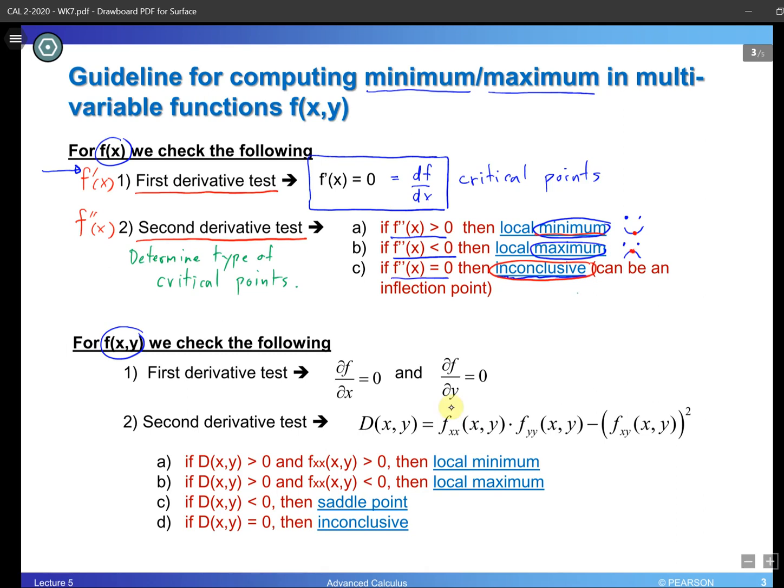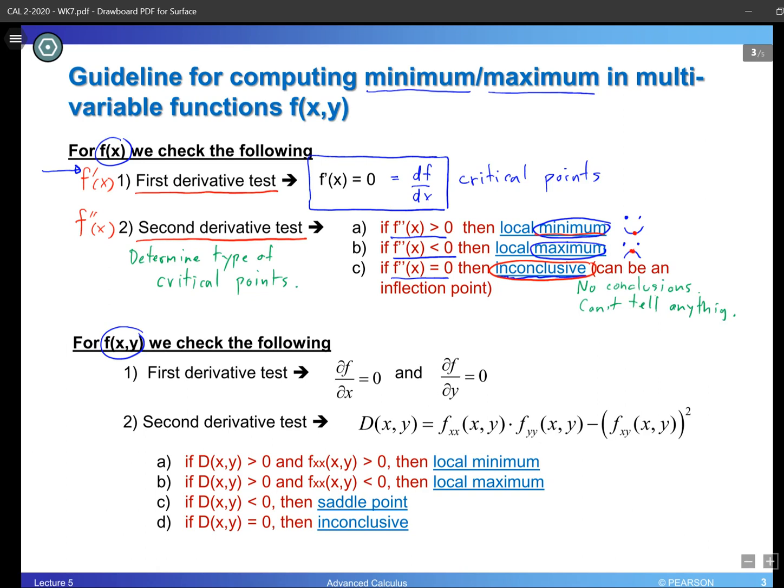Inconclusive means no conclusion. Or in other words, can't tell anything. Alright, and that's it for the version for the single variable function f of x.